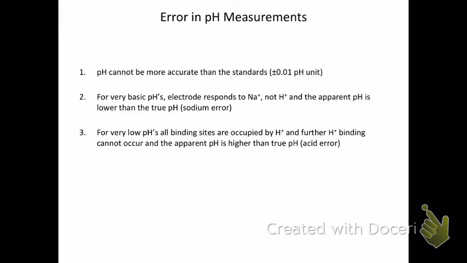So pH probes are limited in terms of how precise they are at measuring, and how accurate they are, so how close they are to the true value. As we get to the extreme ends, say below pH 1 and above pH 13, would be issues for us. So these are some of the common errors.